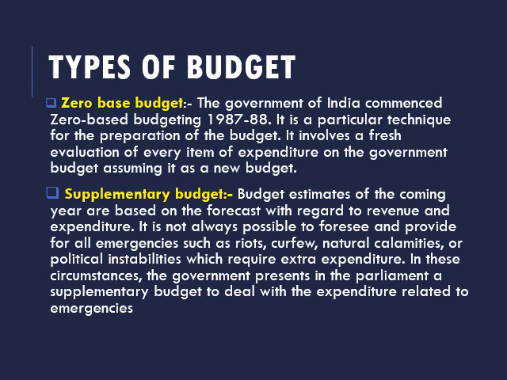Like the Kerala flood, okay? Like some tsunami affecting the coastal region. For that particular purpose, we prepare a supplementary budget. All of a sudden, some war happens with a neighboring country. At that point of time, you need a budget for a particular purpose. So you prepare a supplementary budget for that. And this budget is also presented in the Parliament. Okay.